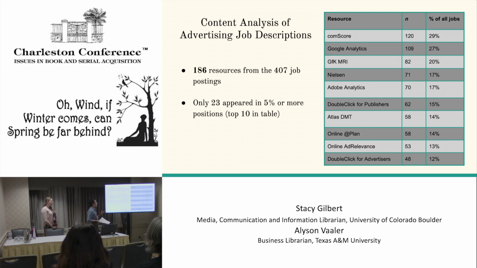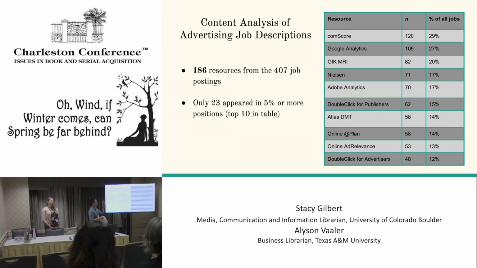One caveat that made this coding process difficult was that sometimes positions would mention a company, and other times they would mention the actual product or service people need to use.